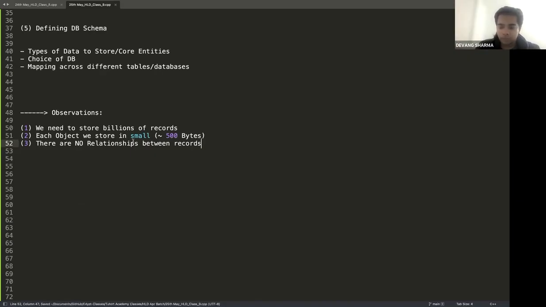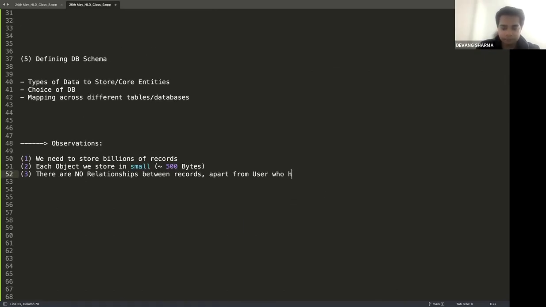So no relationships between records, apart from the user who has created the URL. And number four, our service is read heavy. All of these are key pivot elements to make the decision of database we want.